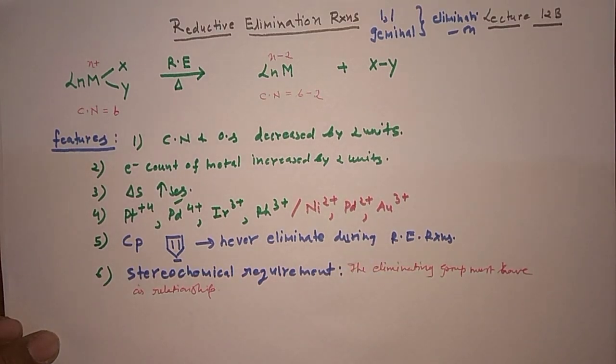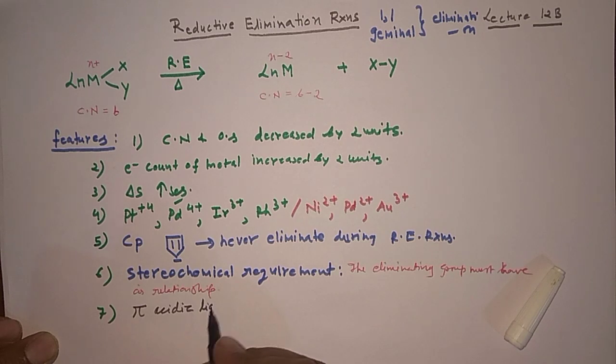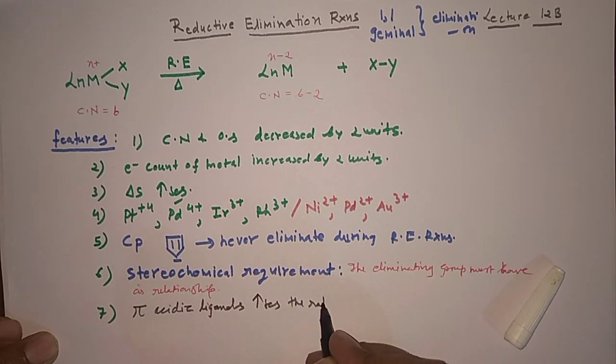And then your point number 7. Okay, point number 7 is related to the rate of the reaction, right? Pi acceptor or pi acidic ligands increase the rate of the reaction.